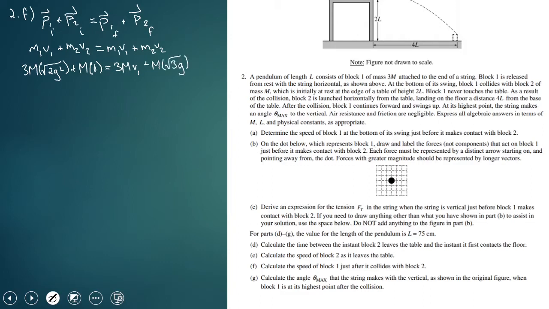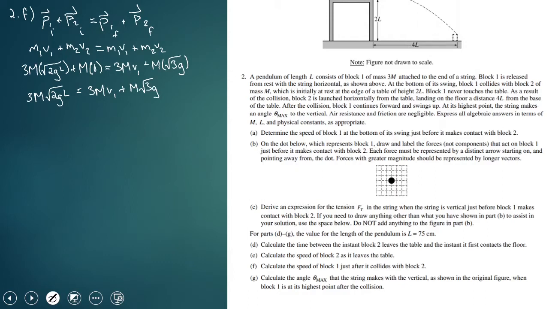And so yeah, I like to be really exact with my answers, so I didn't include the decimal equivalent once again. So what I see is that this M times 0 will go to 0, and so I get 3m square root 2gL is equal to 3m v1 plus m square root 3g. The m's can cancel out.